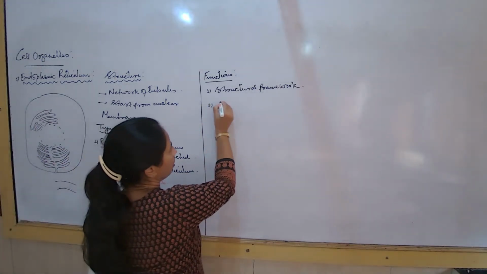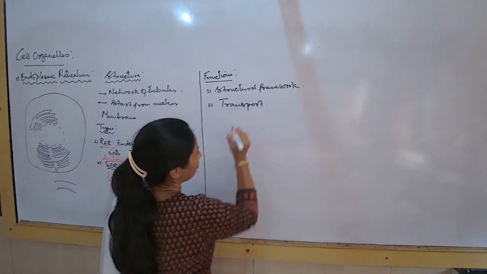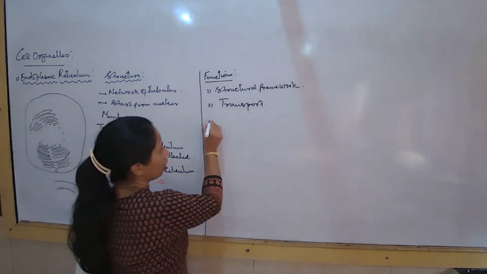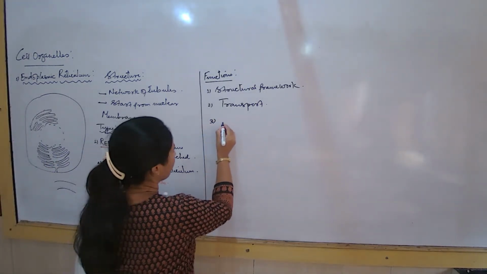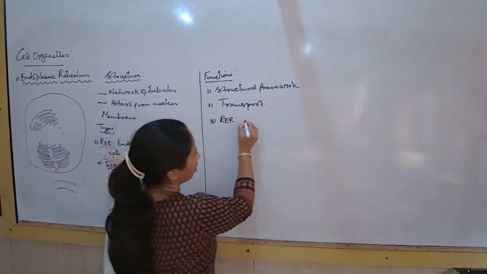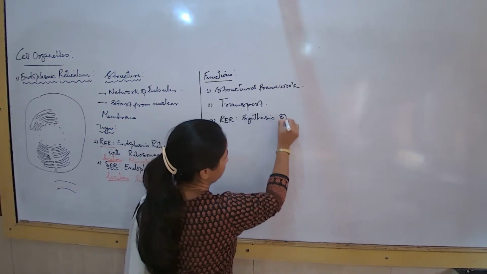Next, endoplasmic reticulum helps in the process of transport. Now, to understand transport, let us first understand the role of SER and RER. RER generally helps in synthesis of proteins.